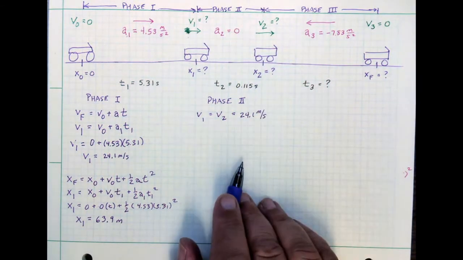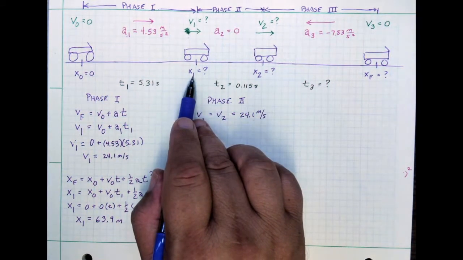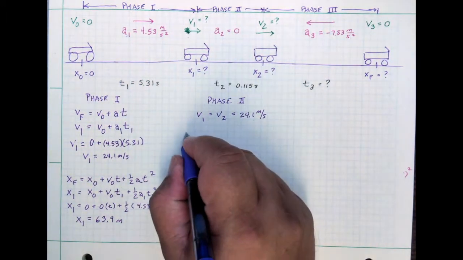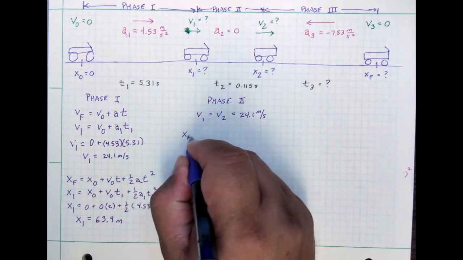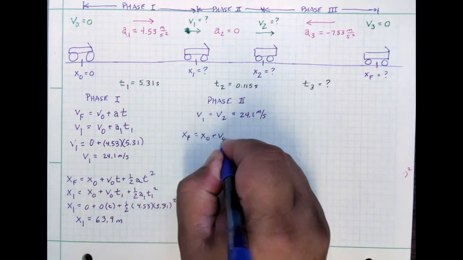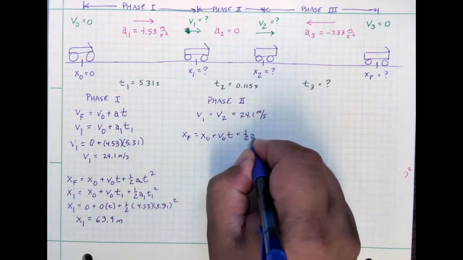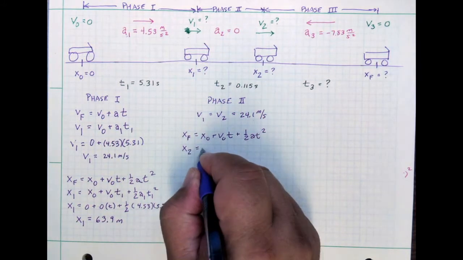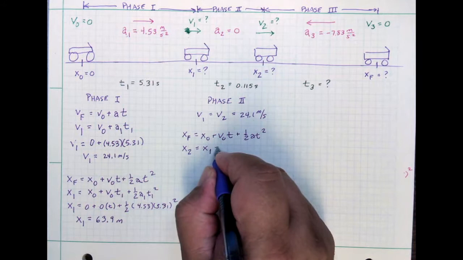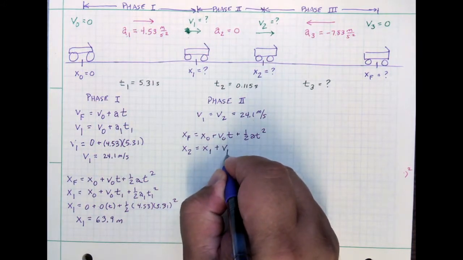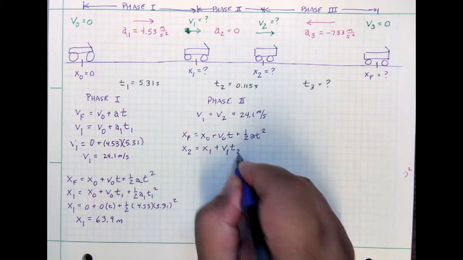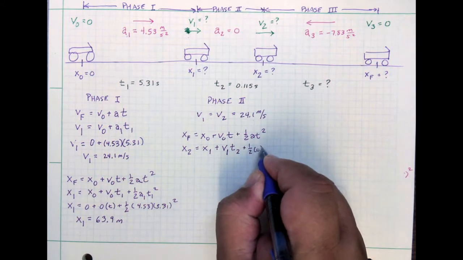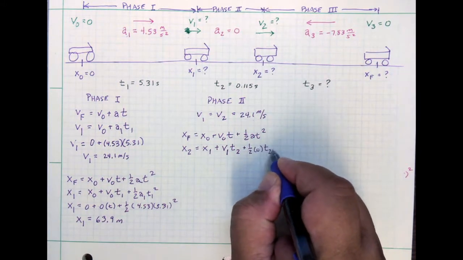To find the position at the end of phase 2, we realize that x1, which was the final position of phase 1, is now the initial position of phase 2. So we go back to our kinematics equation here for position, and we put in the relevant variable names. Now x final is x2, x initial is x1, the initial velocity is going to be v1, the time is t2, 0.115 seconds, and the acceleration is going to be 0.